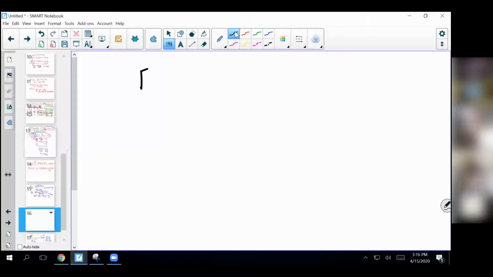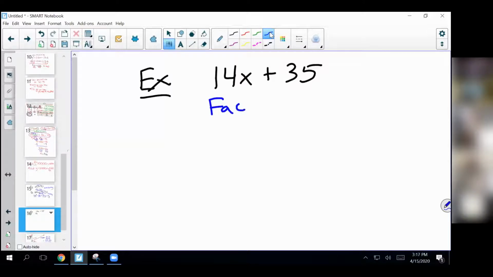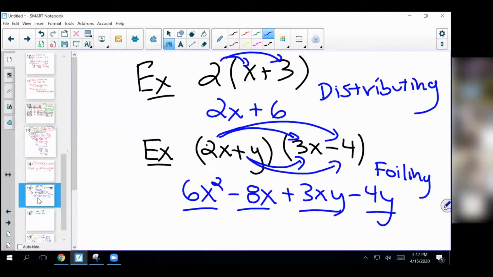So the first type of factoring, and this is the one to always look for. So if we want to factor this, the goal is, so I'm going to switch back to the previous page.